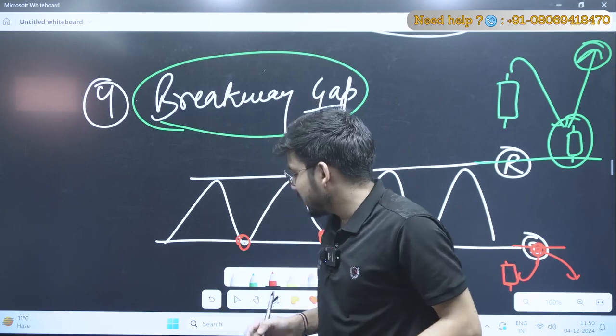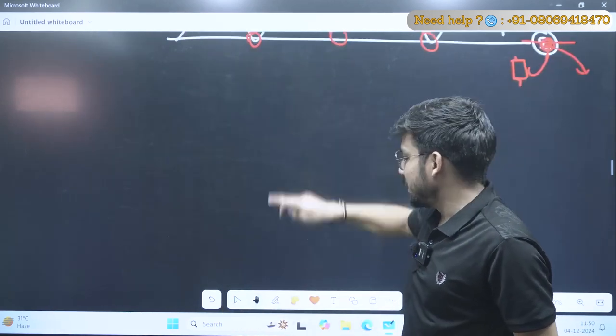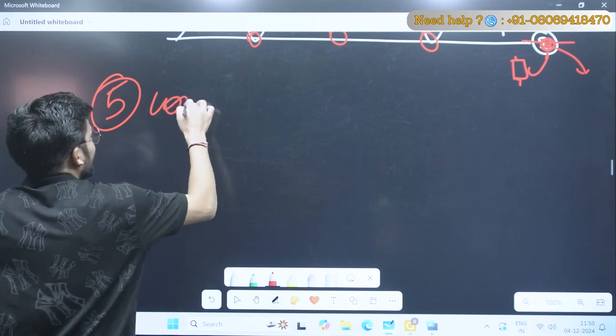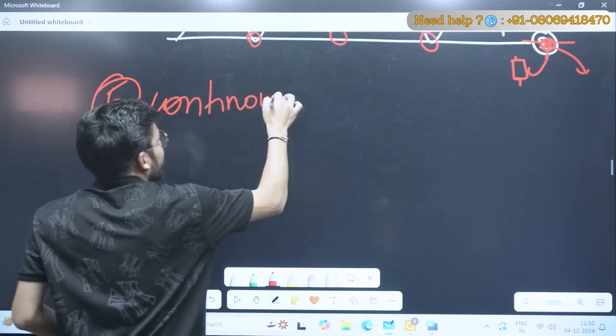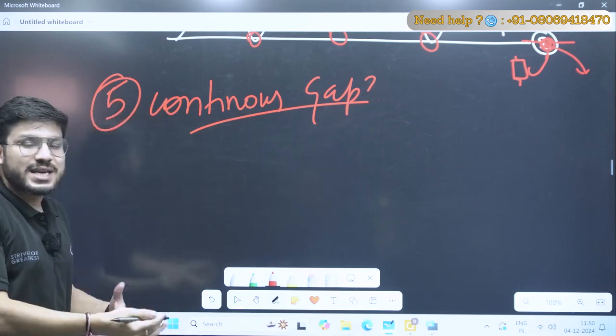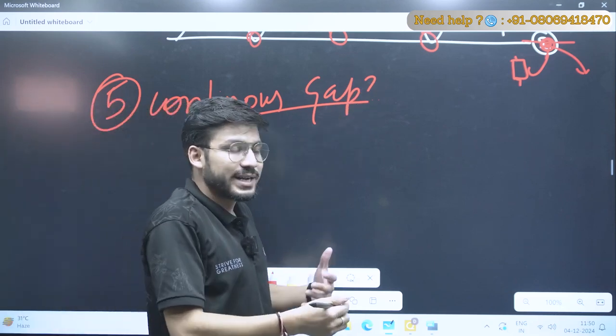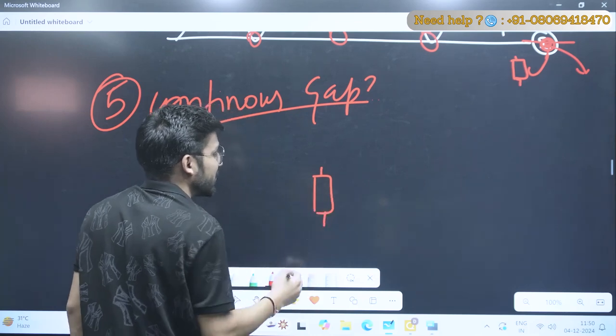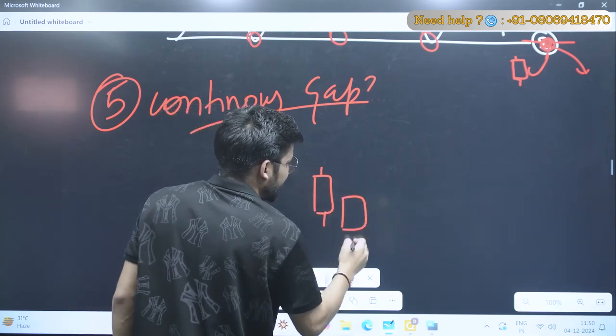Let's go on to another type. The fifth type of gap is the continuous gap. What is a continuous gap? When we talk about a continuous gap, you can take the example of intraday candles. For example, if I'm talking about the 15-minute candle, this was my first candle, then this was my second candle.